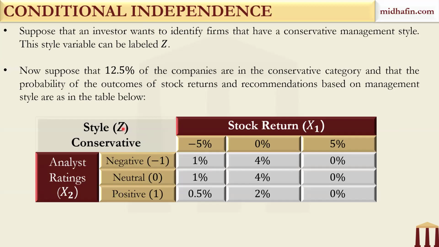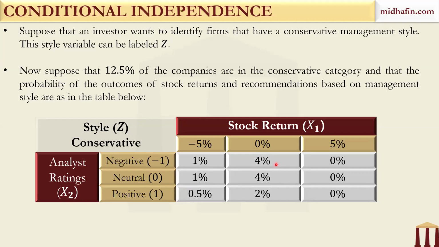So that has happened. You're only analyzing your conservative style category. And now I want you to make this conservative style category your new universe. So if this entire thing is 12.5%, you can add them: 1 plus 1 plus 0.5, 2.5 plus 4 plus 2, 4 plus 2, 10, 10 plus 2.5, 12.5%. So all these are together 12.5% only.